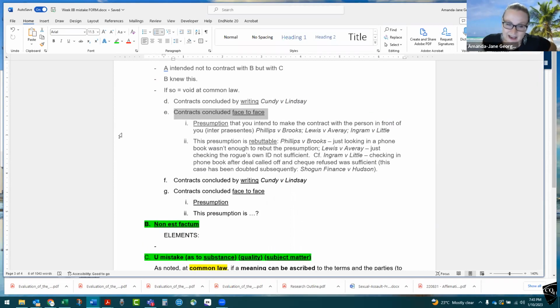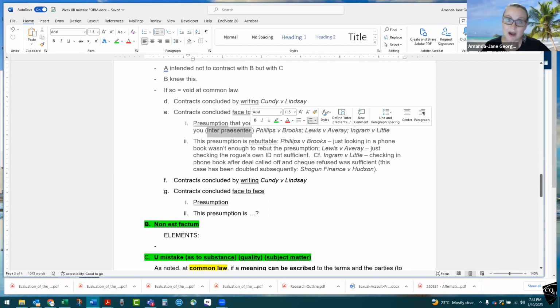It's harder to get out because there's a presumption that you intend to make the contract with the person in front of you, that is inter praesentes in Latin. So if the contract is one inter praesentes, face-to-face, there is a presumption that it's your hard luck if you've mistakenly identified the other person that's right in front of you as somebody else that you thought you were contracting with.